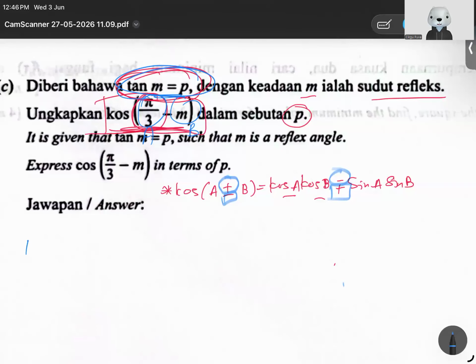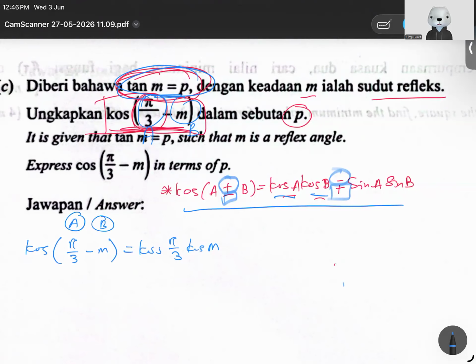First thing, cos of (pi over 3 minus M) equals, we follow the formula. So cos A cos B, which is cos pi over 3 cos M. This is the A, this is the B, right?